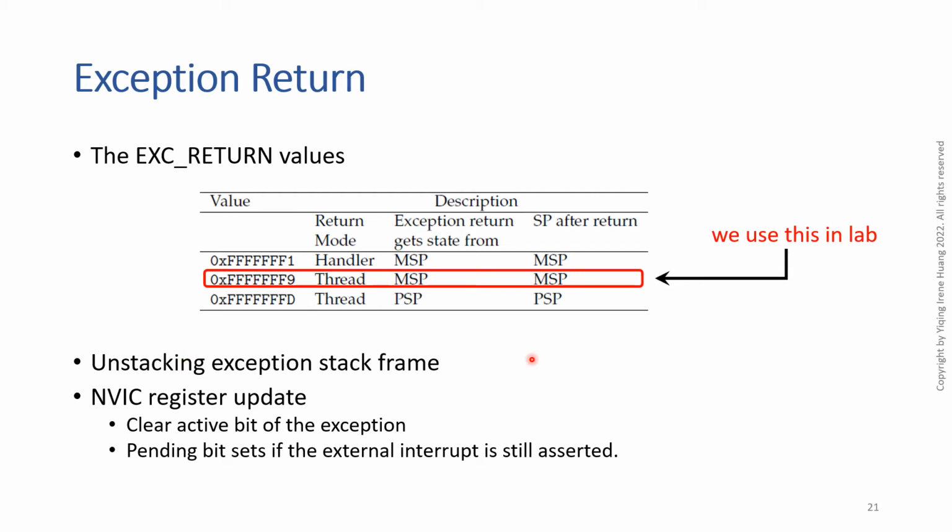Then the hardware will automatically unstack the exception stack frame, which contains the 8 registers that get automatically pushed onto the stack upon entering the exception handler. We just talked about it in the previous slide. Finally, the interrupt control register is updated, like clearing the active bits and setting the pending bits if there is still an external interrupt asserted.